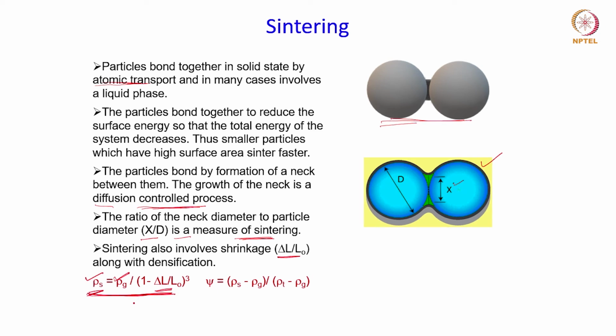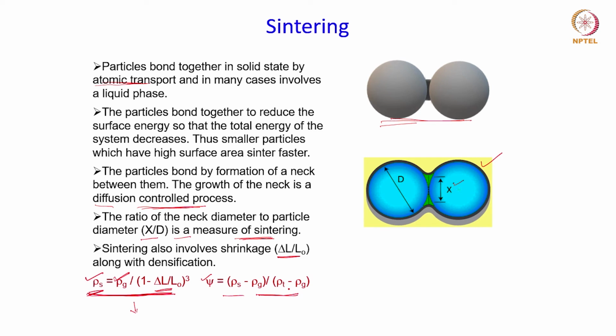So from this relation you can say that the compact densifies from the green density rho g to the sintered density rho s, which is higher compared to rho g, due to the shrinkage which takes place during the sintering process, right? So densification will be always accompanied by shrinkage, okay? And the densification parameter psi is given by a relationship like this.